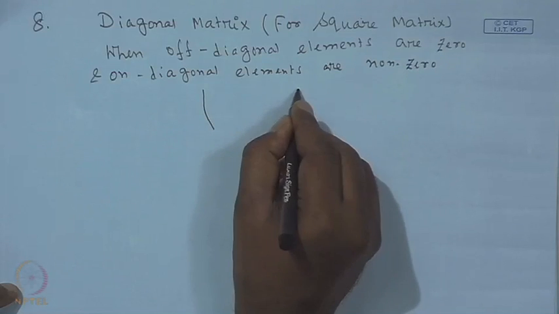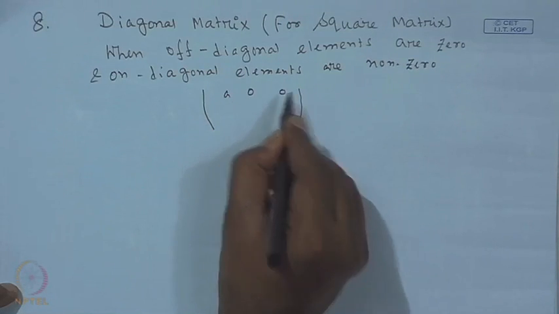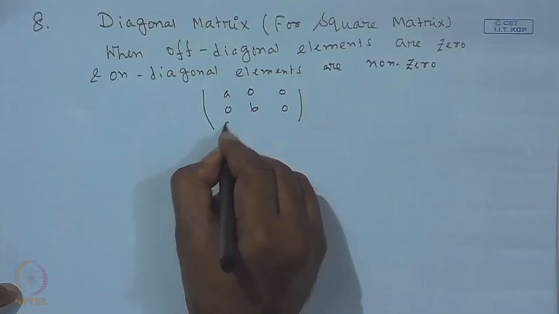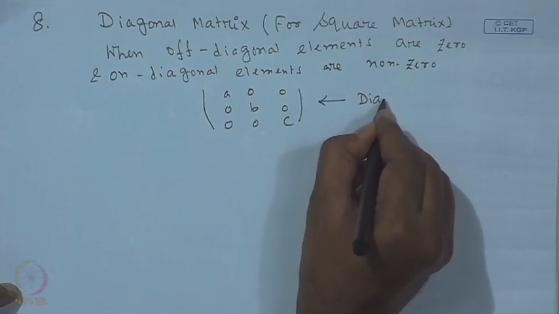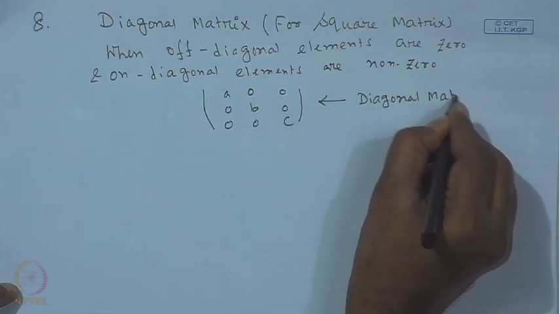So, if you talk about this matrix, let us say A 0 0, 0 B 0, 0 0 C, then this is a diagonal matrix.